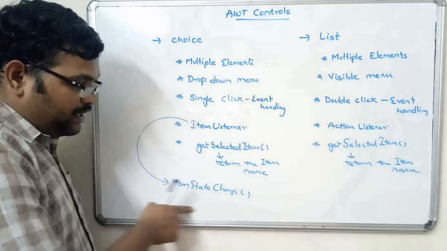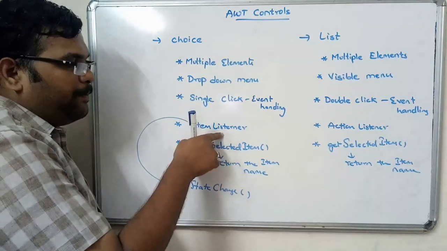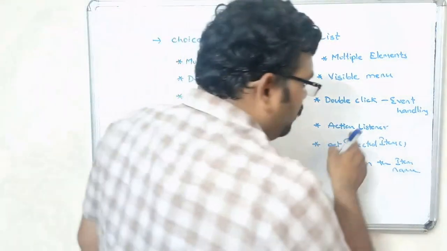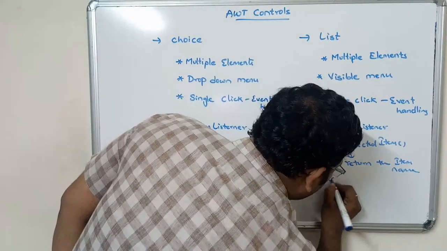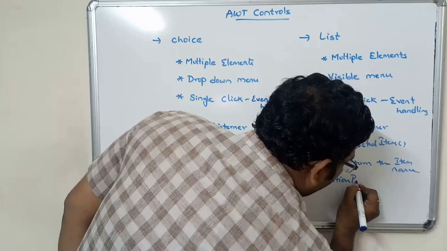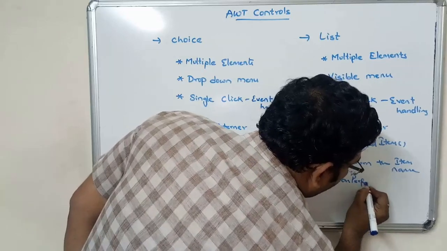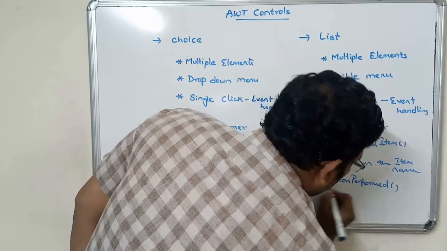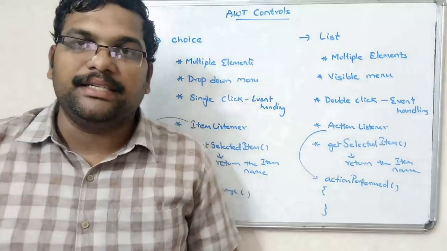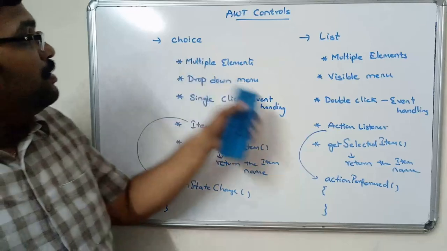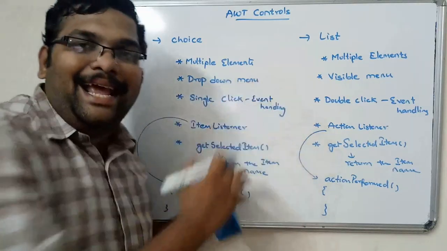The definition for this method should be written while implementing this interface. In the action listener, actionPerformed is the method where we have to write the definition while implementing it. So this is all about choice and list.